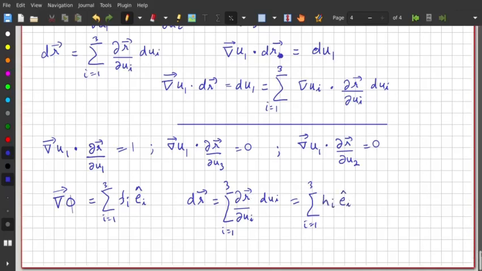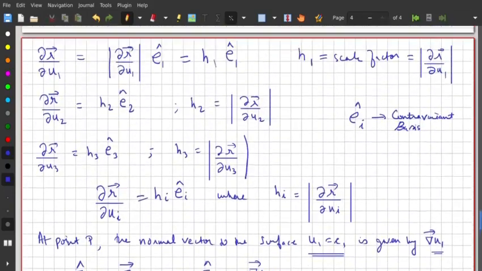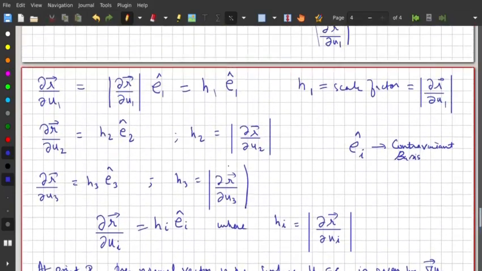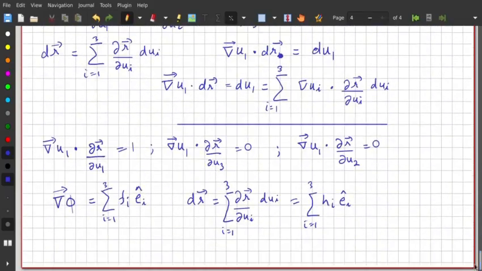That is using the definition of scale factors, if you remember. So this becomes hi ei cap dui.